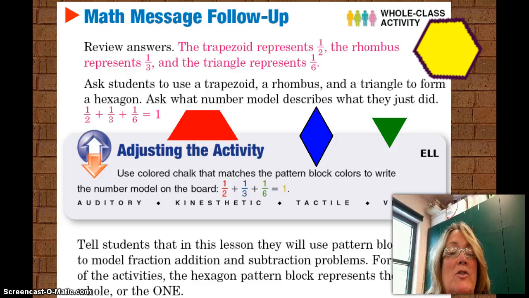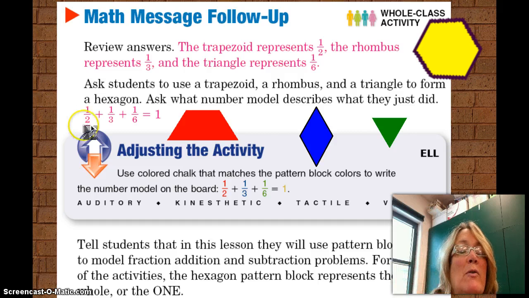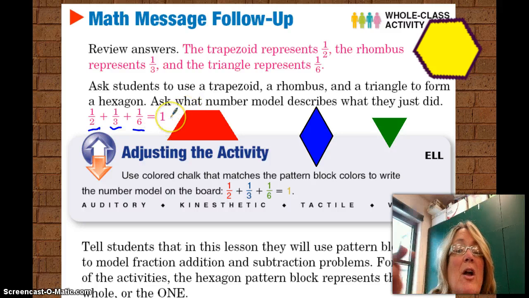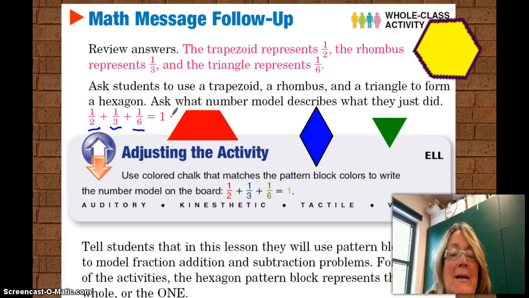So again, this is just telling you what I just said. The trapezoid represents a half, the rhombus represents a third, and the triangle represents 1/6. Those fractions here are showing you that 1/2 plus 1/3 plus 1/6 is going to equal that whole hexagon.